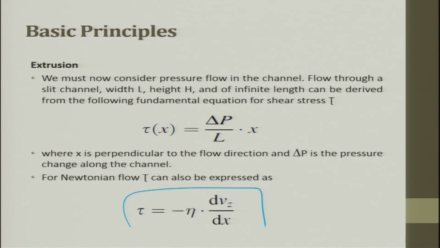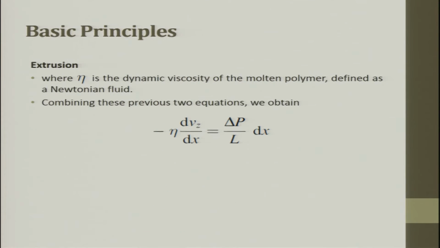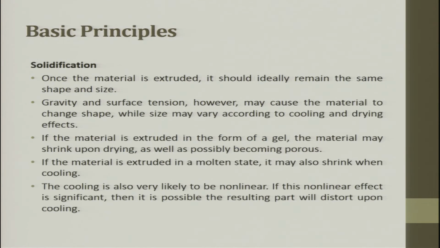So, for a Newtonian fluid it is defined like this. So, it is minus viscosity eta into dVz by dx, where eta is nothing but the dynamic viscosity of the molten flow defined by the Newtonian fluid. Combining these previous two equations, we have this final equation. From here you can try to find out the eta value and try to substitute it in the equation.